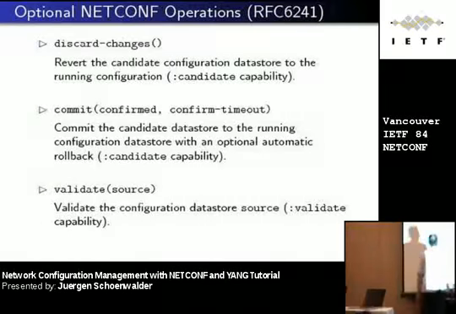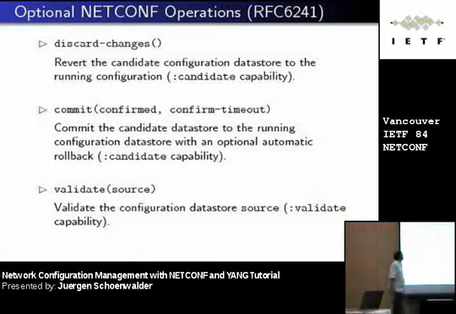Okay. Another standard operation is called discard changes. And that operation is resetting the candidate data store to some well-defined content. Remember, the candidate data store was the scratch buffer where you can do a bunch of edit configs and at the end commit. Or decide, I don't want to commit.